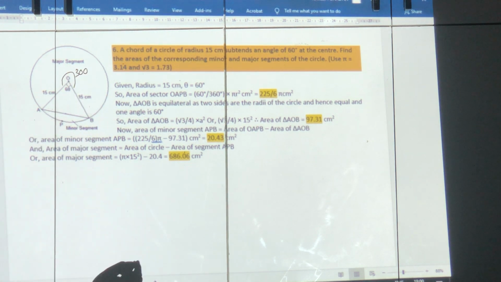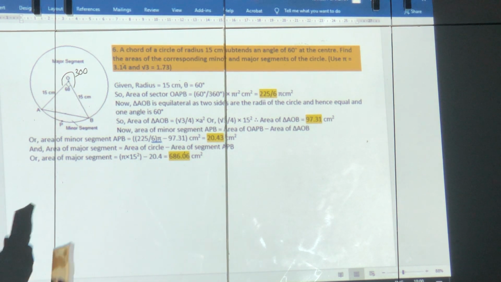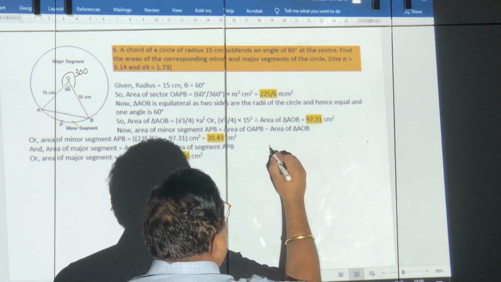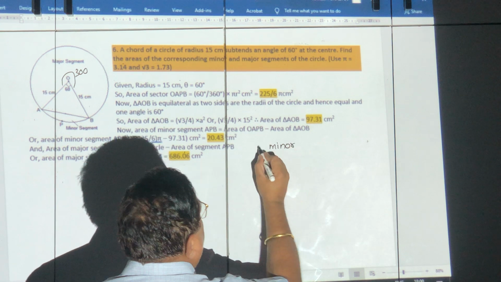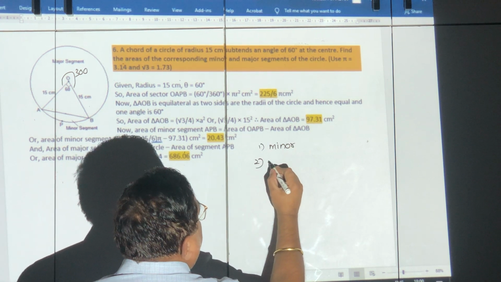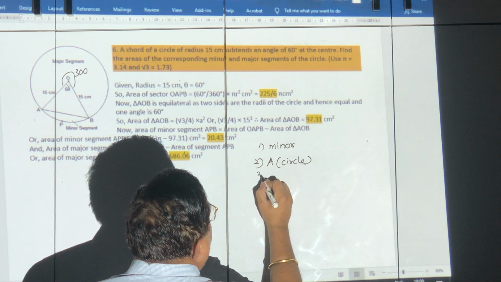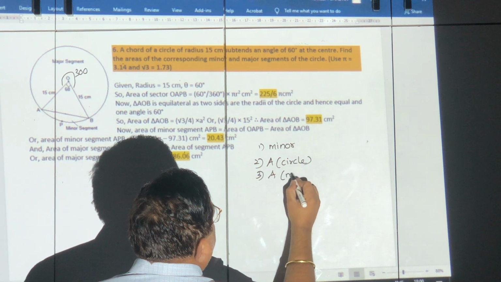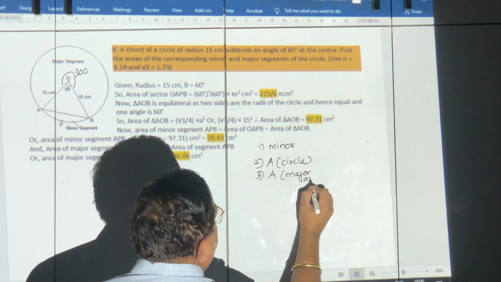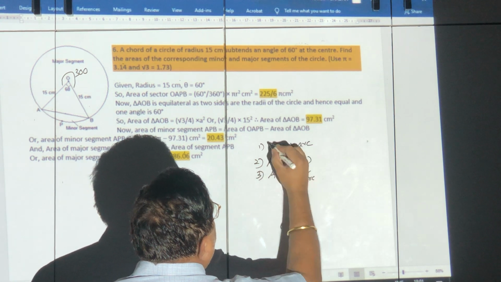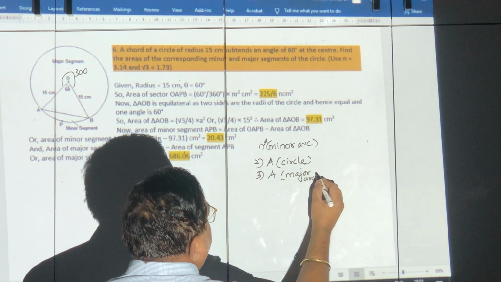Or you can directly do pi r square minus the minor sector. Whole circle minus. Whichever method. 2 methods are available. Find the minor. Second, find the area of the circle, or find the area of the major arc. Three steps.